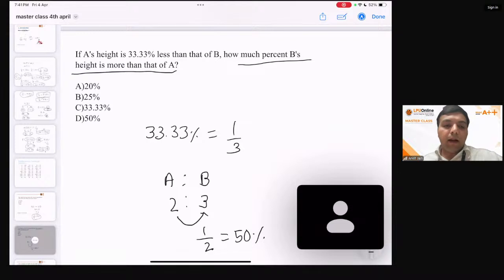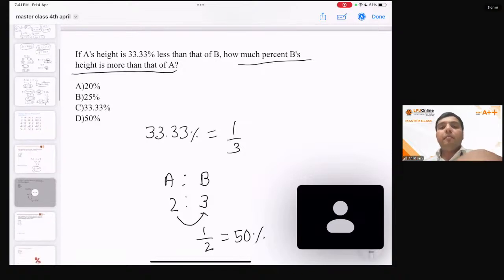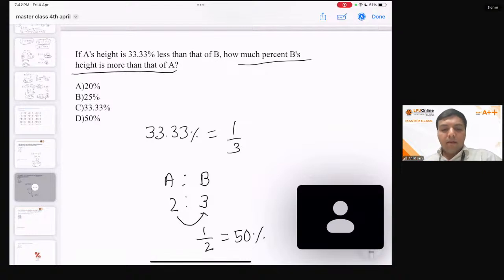Yes, Costa gave the right answer. Mohammed gave the right answer. See, step 1 is the same. Convert percentage into ratio and then compare. Simple. In each question, the step is the same. I hope it is clear to all.